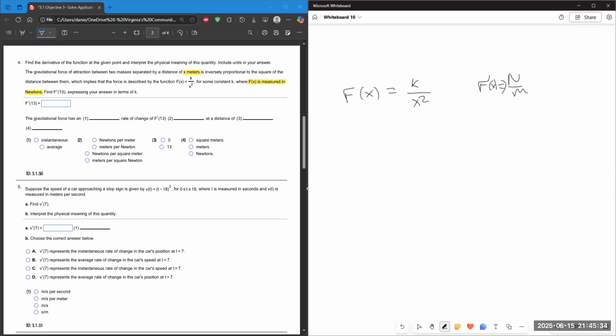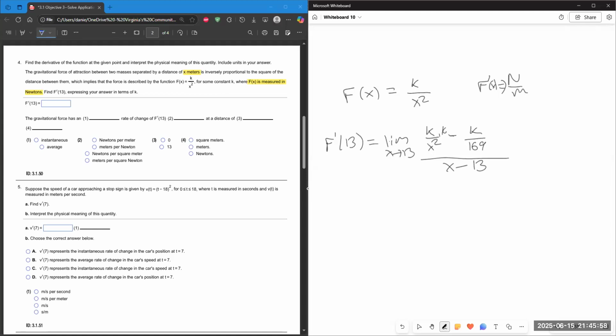So let's find f prime of 13. It's going to be the limit as x goes to 13 of k over x squared minus k over 13 squared, which is 169, over x minus 13.